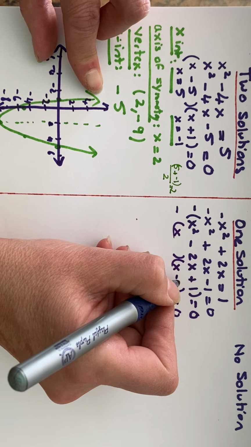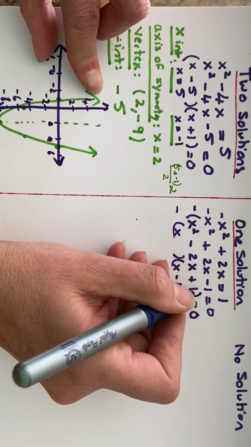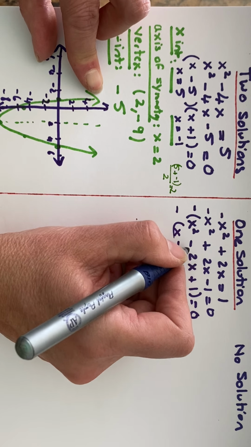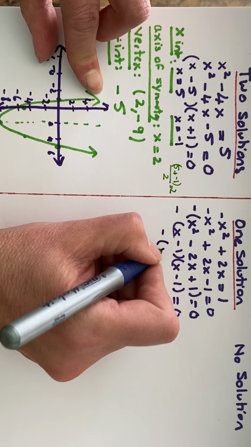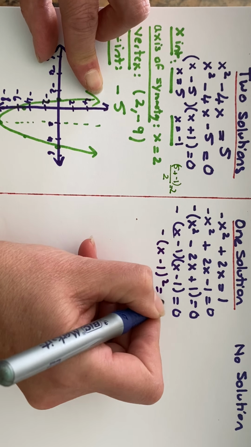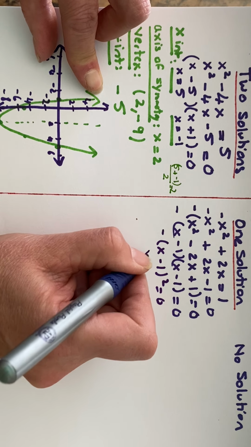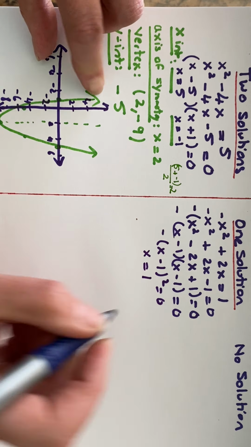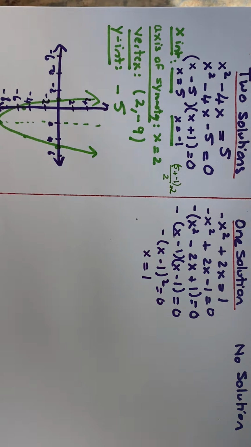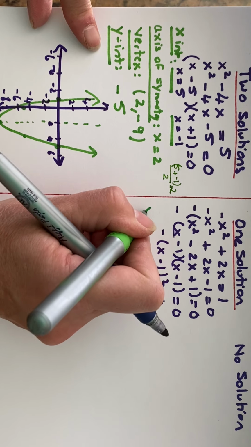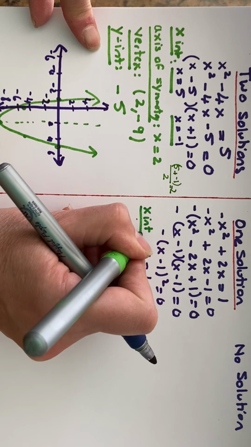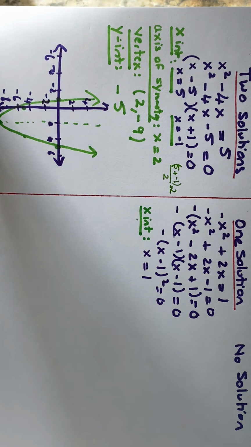And yes, I can. -1 times -1 makes me +1, and they also add up to -2, so that works. But this is what this would have looked like. I only have one solution, and that solution is x equals 1. So my x-intercept is x equals 1, right?